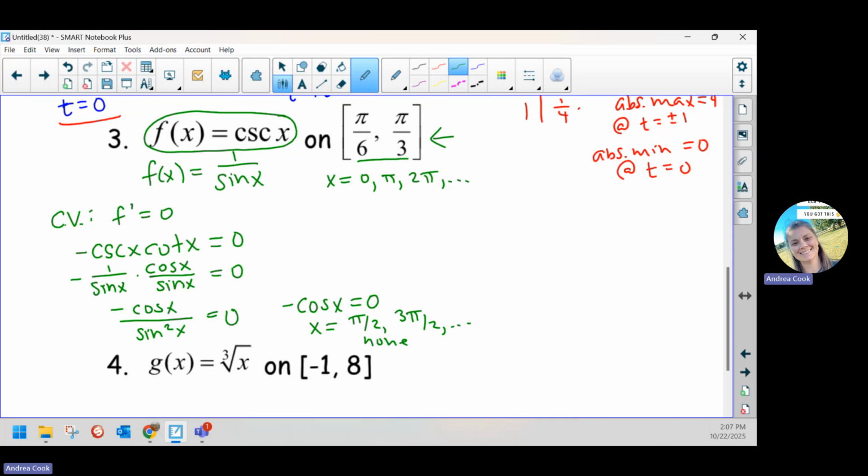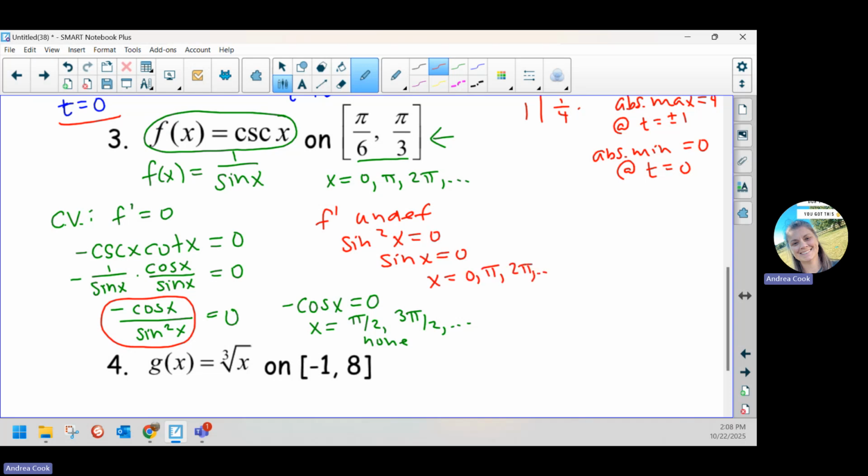And then where is the function undefined? I'm going to go back to this derivative here, and that would be where the denominator is equal to 0. So that's looking where is sine equal to 0, which we already solved up here. And that's 0, pi, 2 pi, and so on. And again, in this interval, that's none.